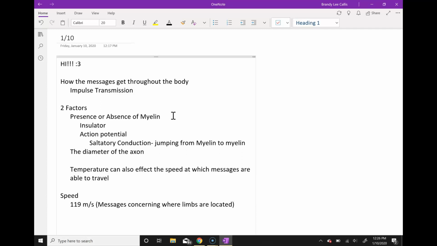So if your arms are against your side, your body is constantly checking, hey, your arm's still there? Yep, okay, let's keep them there. Or do I need to move them or anything like that? So the messages to and from the brain for this specific type of message can run at 119 meters per second. Okay. Touch can move at about 76 meters per second.